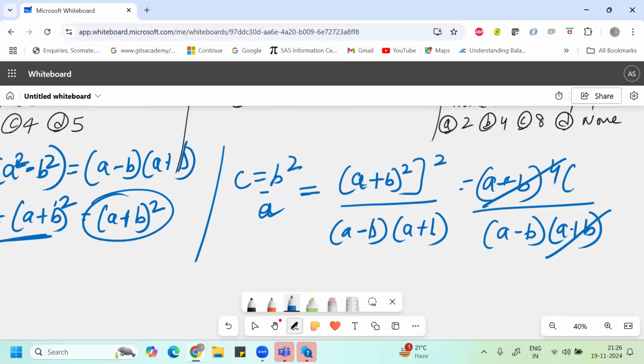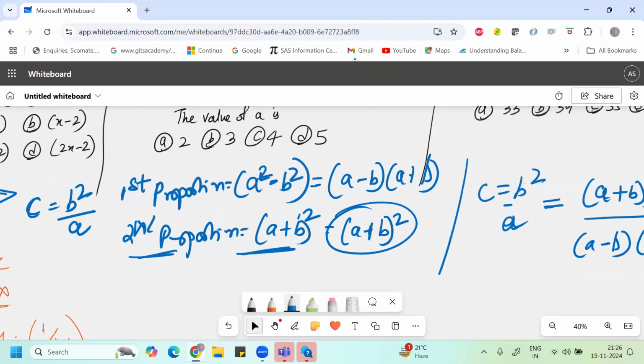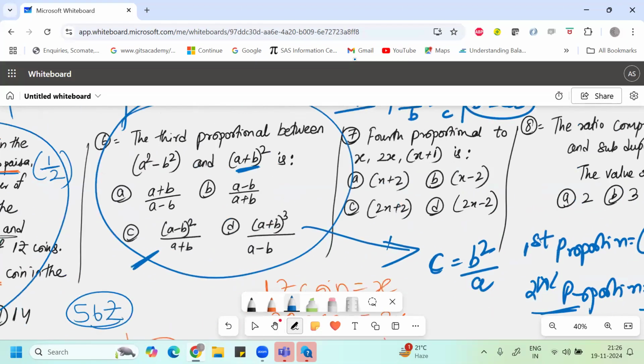So what is left is A plus B whole cube. So the answer for this would be A plus B whole cube divided by A minus B. This is your third proportion. Are you getting it, guys? Answer is option D.